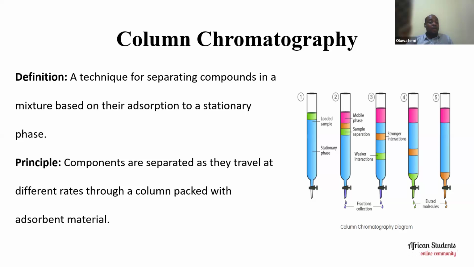So basically, column chromatography operates on the principle that components are separated as they travel at different rates through a column packed with an adsorbent material. That adsorbent material is the stationary phase, and you now run a suitable mobile phase, which may be a solvent or a gas, through the column.